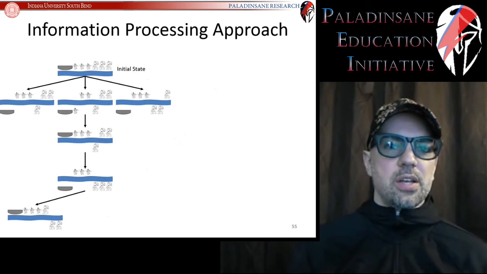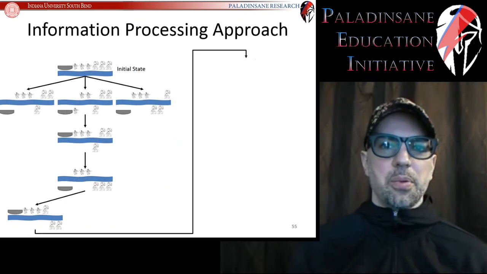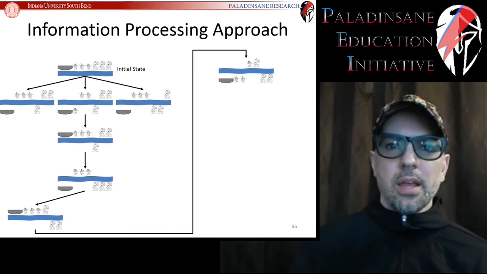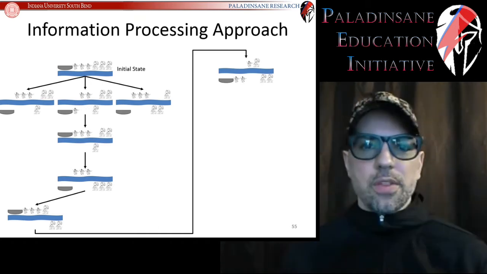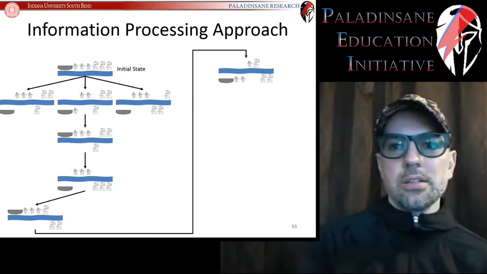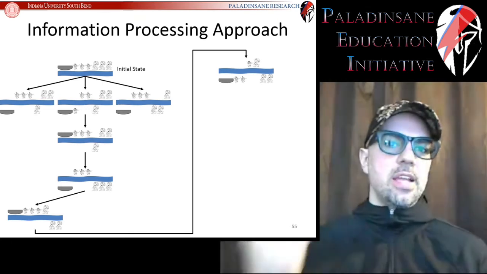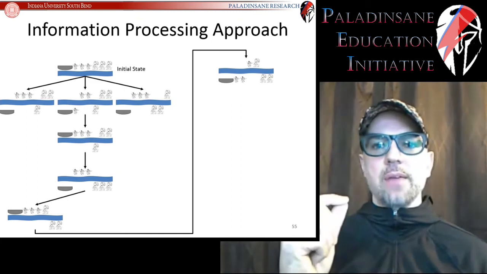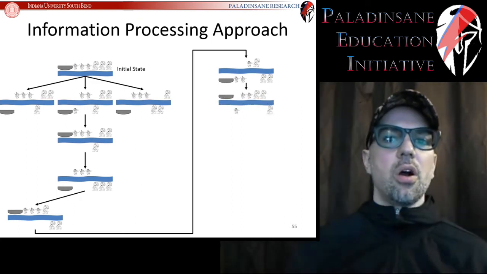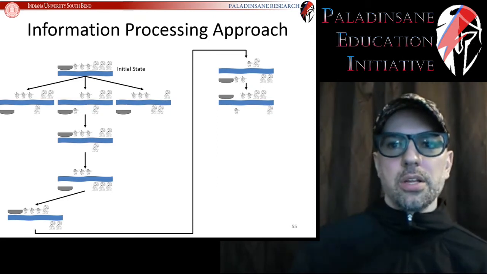And then once we send 1 orc back, we can apply another operator where we send 2 hobbits across. Again, that's the only move that you can do because you have 2 orcs on the other side. You can only send 2 hobbits across. And then here is the difficult move where we have to apply the operator where we send 2 hobbits back. That's the only legal move that we can do.